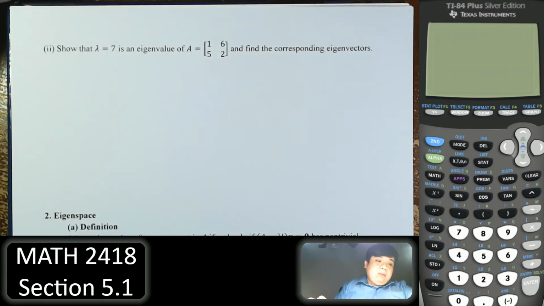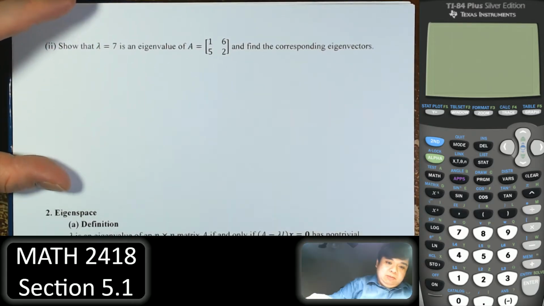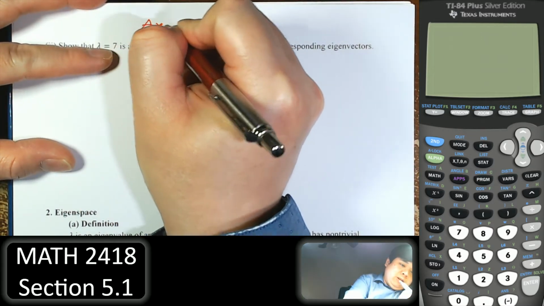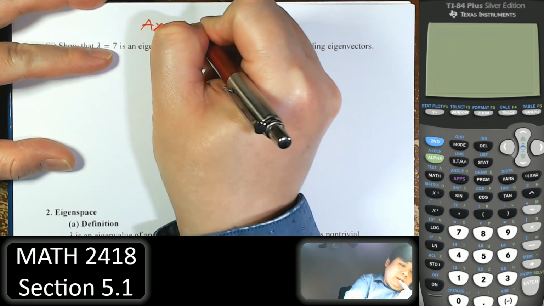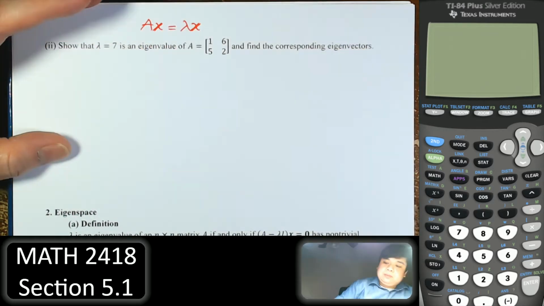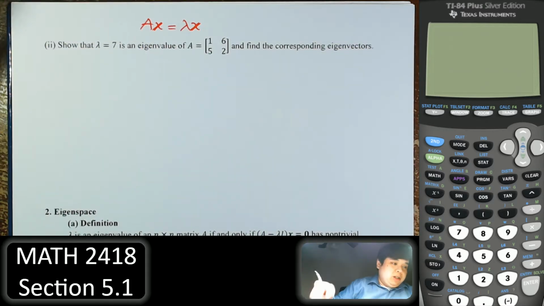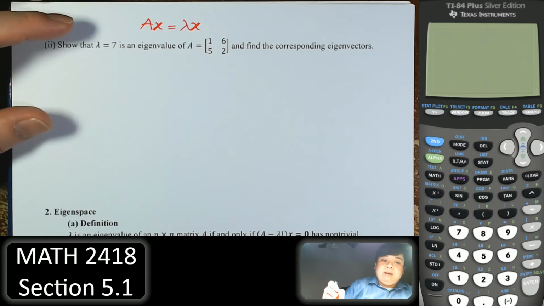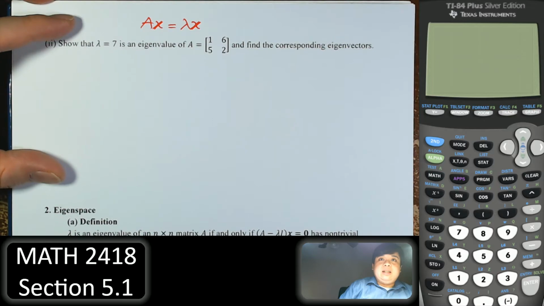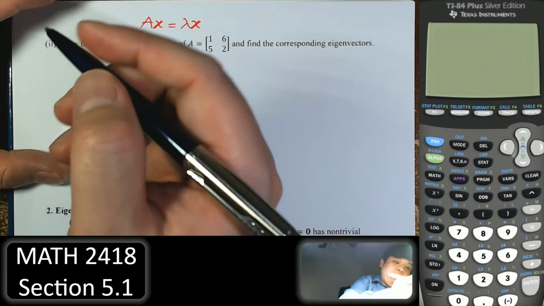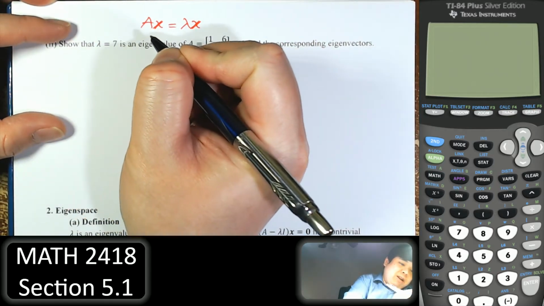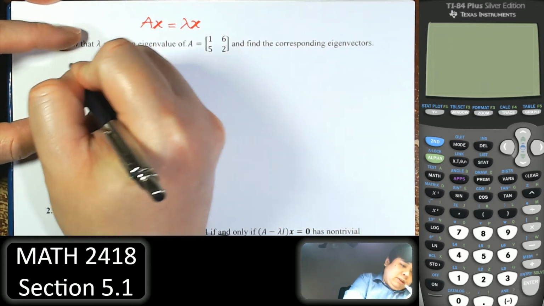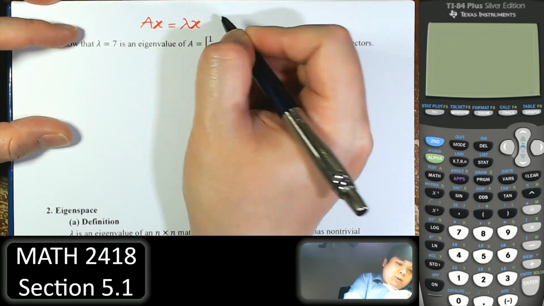It has a lot of applications later. So once again, let's just write down the equation. We're just going to start with the matrix A and lambda. We just don't have x in this case, which we'll solve for later. So Ax is equal to lambda x.